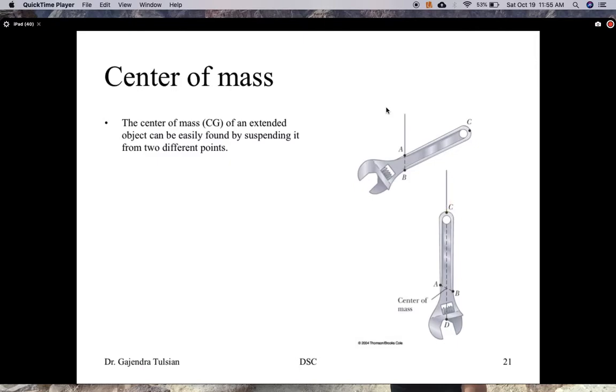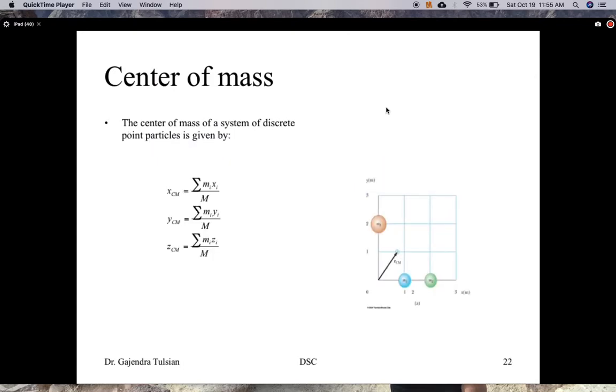Then hang it from another point, and the center of mass is at the intersection of those two lines. Of course, if you have a three-dimensional object with an odd shape, you just have to hang it from 3 points and find the intersection, and you'll get the center of mass.